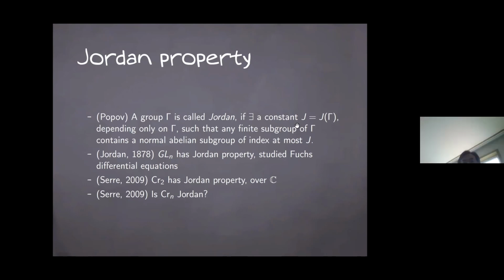There exists some constant J depending only on Gamma, and any finite subgroup contains a normal abelian subgroup. Normal can be removed, just some abelian subgroup of index at most J.